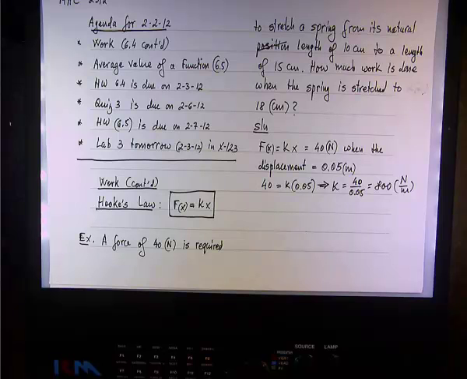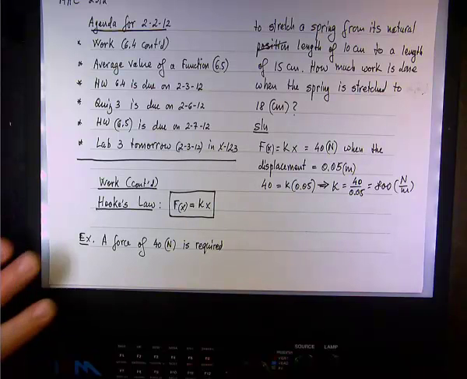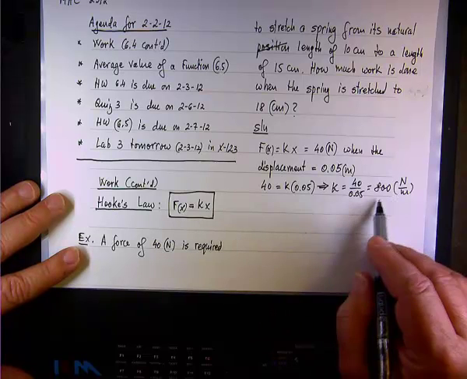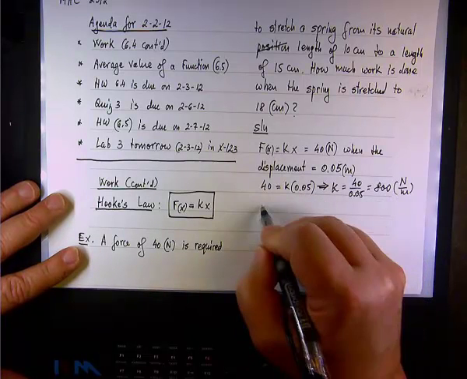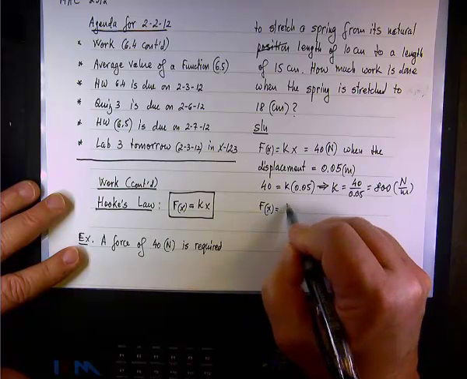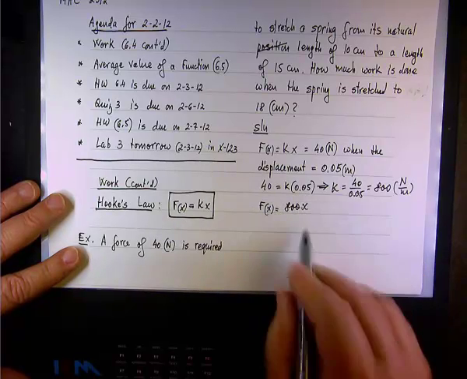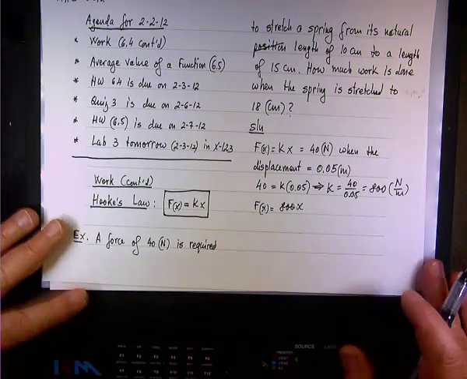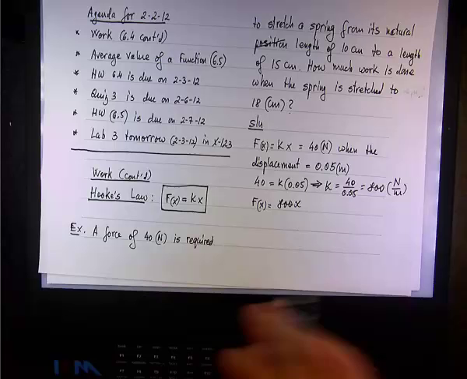Okay. So this was the first part. So now applying k into our Hooke's law, f as a function of x is simply 800x. Again, x is the displacement, by how much we stretch from the natural length of 10 centimeters. All right?